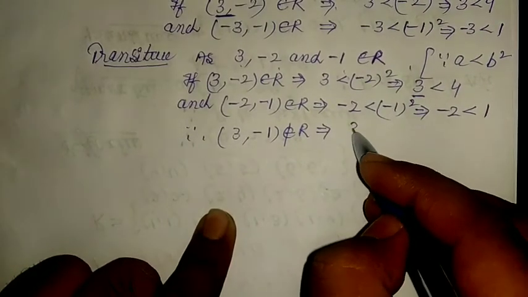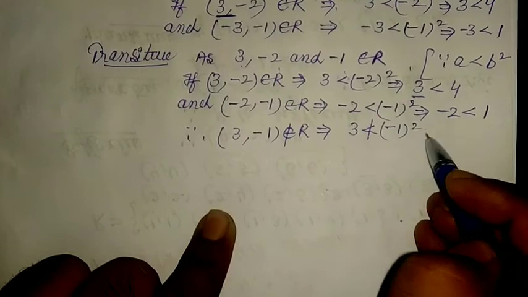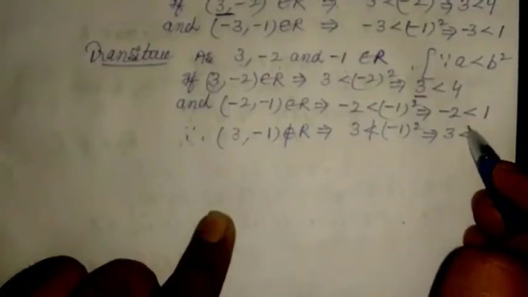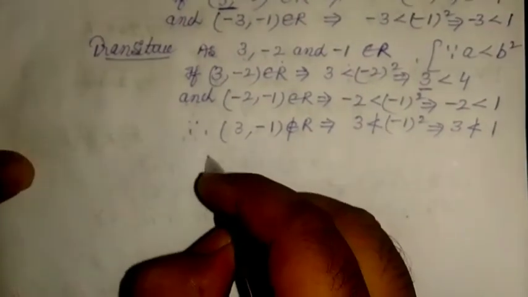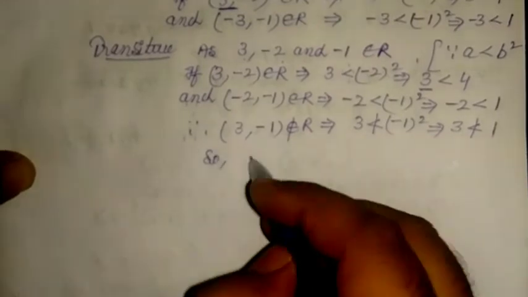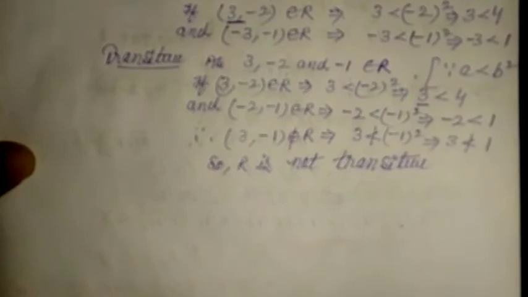Because 3 can never be less than or equal to (-1)², which implies 3 is never less than or equal to 1. So we can say R is not transitive.